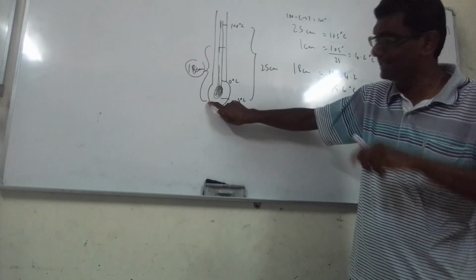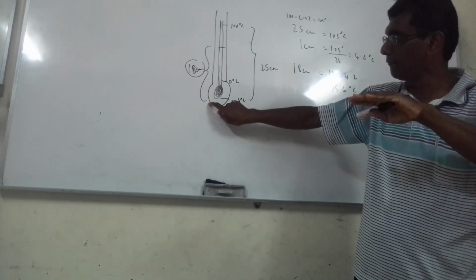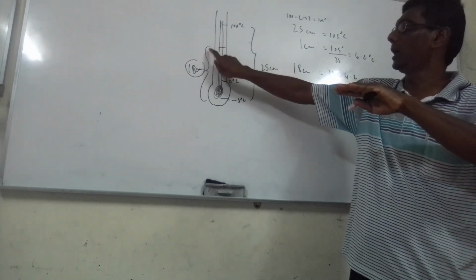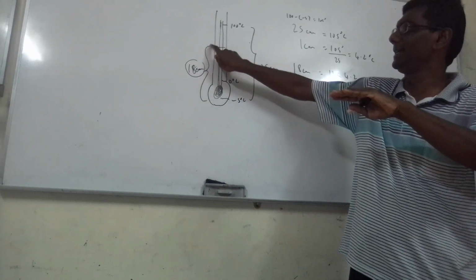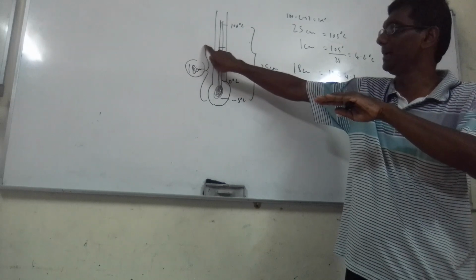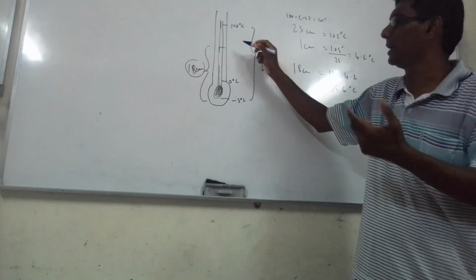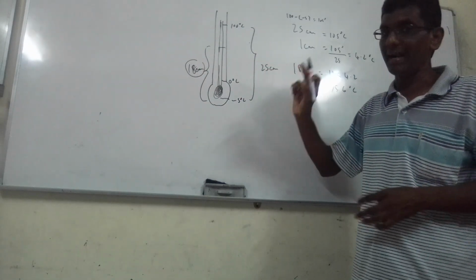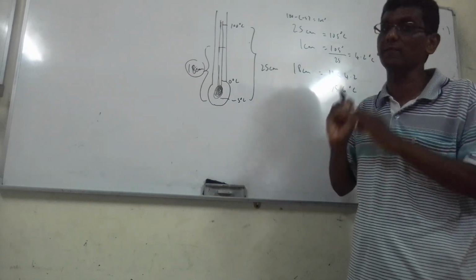So 18 cm is measured from -5. The 18 cm temperature is 75.6, but actually our temperature is measured from 0.